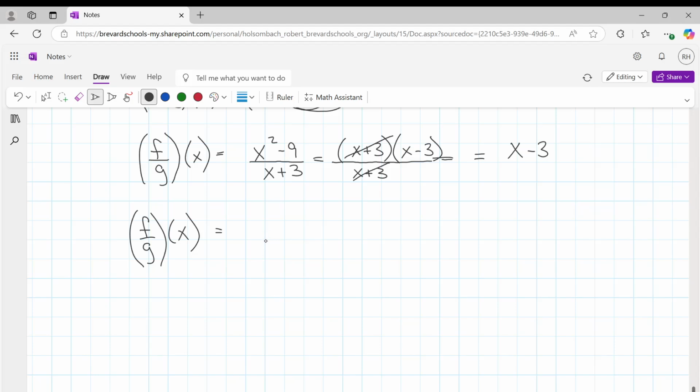We got 3x squared minus 11x minus 4, and we're dividing it by 3x plus 1. So this numerator needs to be factored.